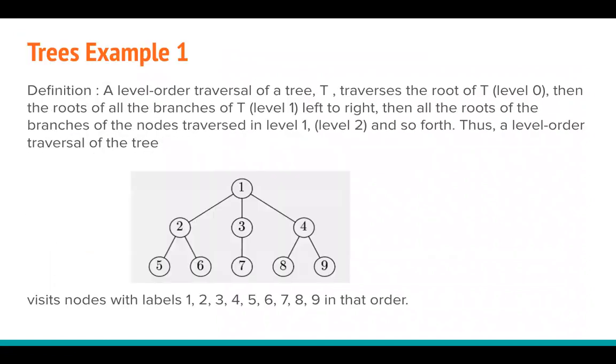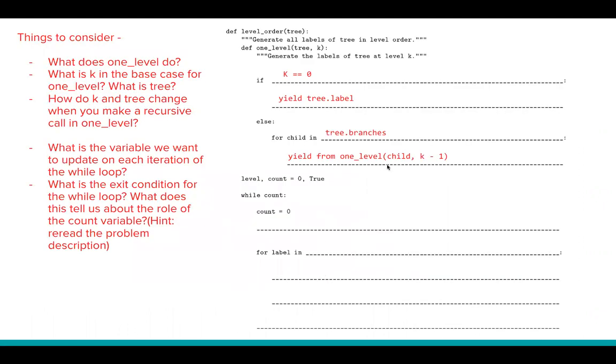For example, if we're at level 1 and we're not at the right level, then we're going to have to iterate through each of 2, 3, 4's children and call one_level on it. Why that makes sense is because we're decrementing K by 1. Each time we go down a level, because we're going down in terms of children, we're decrementing K by 1 until K hits 0.